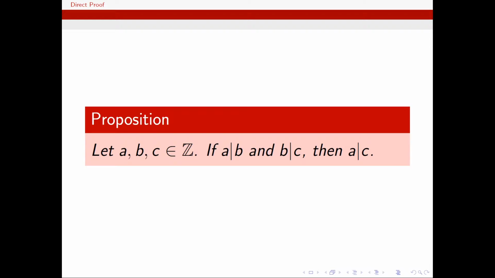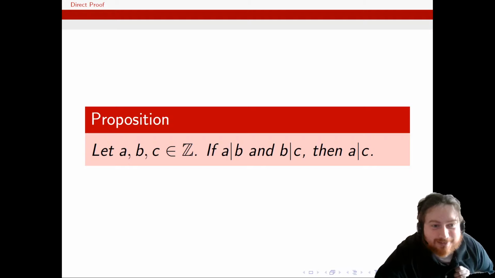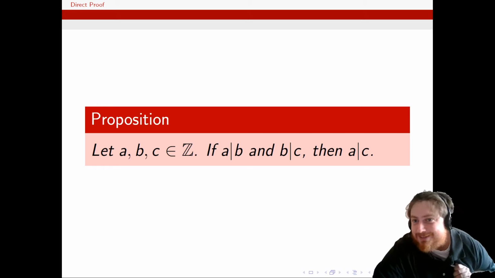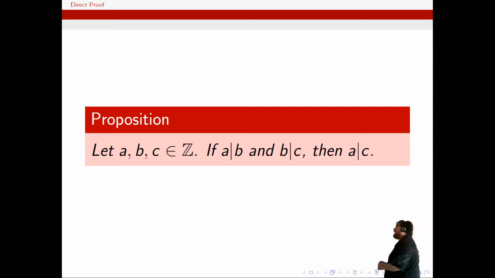But in the meantime, I am going to get back to this problem, and I want to show. Okay. So I want to assume that A divides B and B divides C, and I need to show that A divides C. So what does it mean for A to divide B?